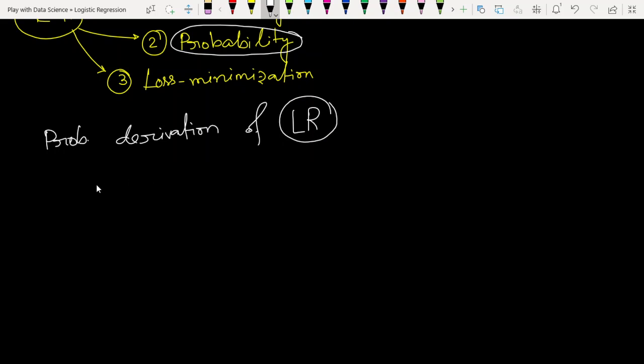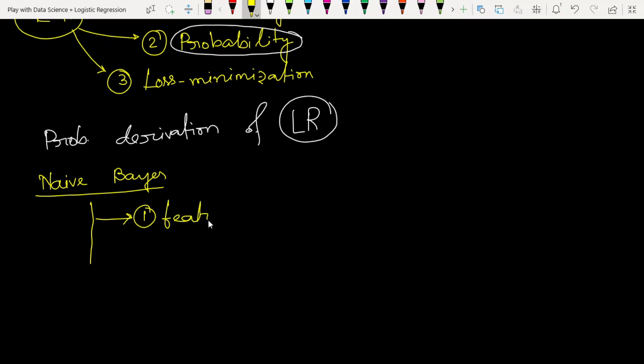Here we have assumed two things. As in naive Bayes, first, our features are all real valued, and these features are also Gaussian distributed.